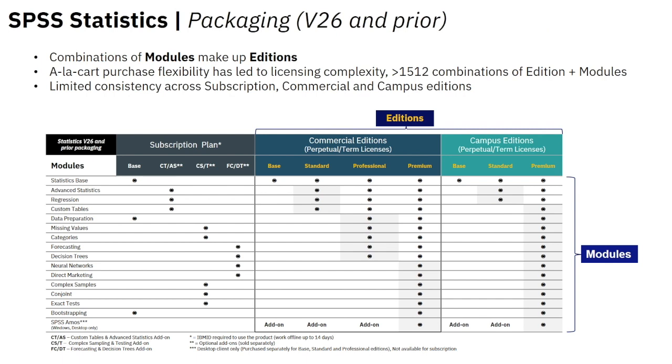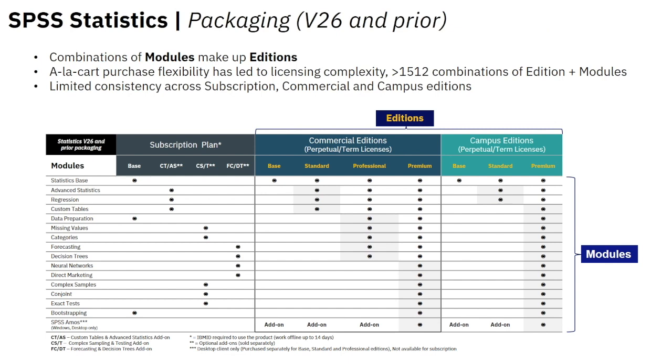From a packaging perspective, SPSS Statistics consists of different modules. IBM has combined some of those modules into editions. Previously, from version 26 and prior, you could purchase any combination of those modules. For example, you could buy the base, and then you could buy any of those different modules. Like you could buy decision trees as an example, right?